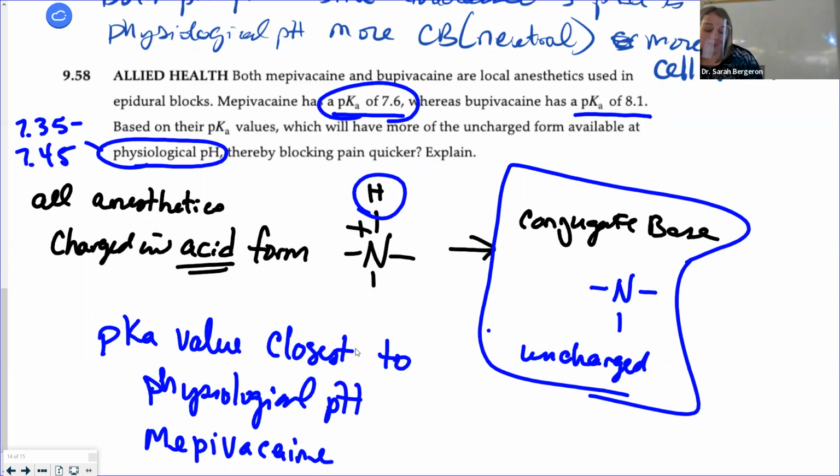You want it to be super fast acting. Isn't that kind of cool? But you have to understand acids and bases to understand how drugs work and why they work, why they cross the barrier, why they don't. Why do they work when they get in the bloodstream and not in the stomach? All that kind of stuff. So understanding acids and bases is huge.